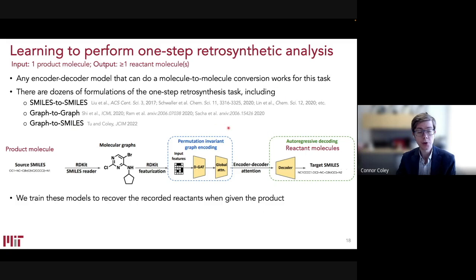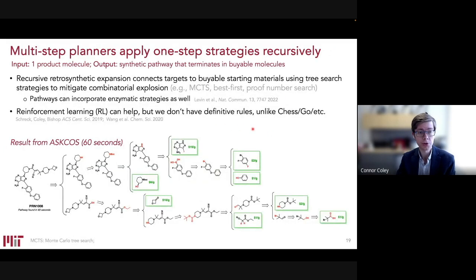And so if you can do one step, you can chain multiple steps together. The way that we find full pathways to molecules is through the recursive application of one-step strategies. So we start with a product we'd like to synthesize. We query a one-step model to propose reactant structures. We get many suggestions typically. Then if those structures are not leaf nodes, or if they don't satisfy termination criteria like being commercially available, we further expand and further expand and further expand.